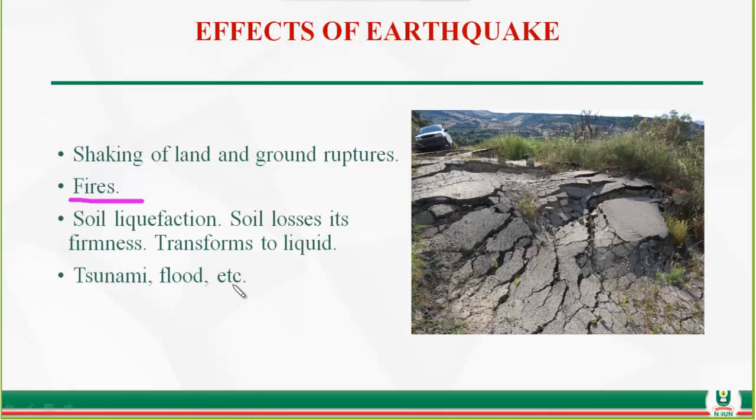When buildings with electrical appliances collapse, there are likely going to be sparks, especially when it involves a fuel station, petrol station, gas station. There are likely going to be explosions of fire. Then soil liquefaction. This entails soil losing its firmness and transforming to liquid. So an earthquake can cause hardened soil to actually become liquid.